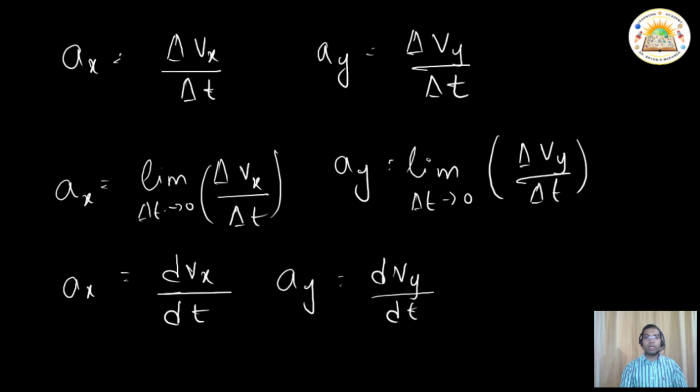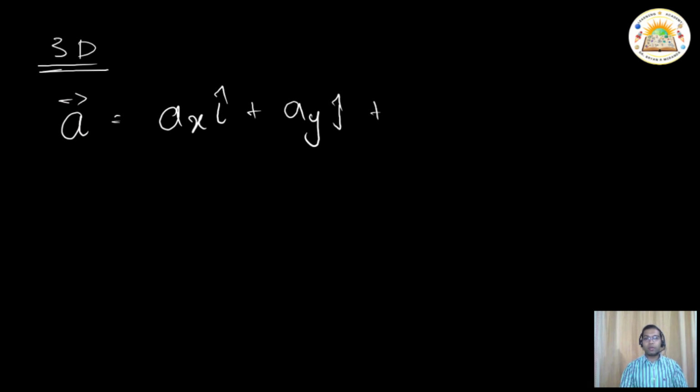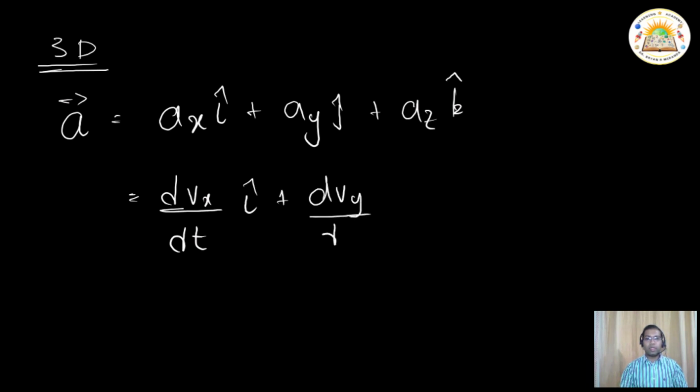So if I have to write this entire expression in 3 dimensions, I can write A vector is equal to Ax i cap plus Ay j cap plus Az k cap, which is dvx by dt i cap plus dvy by dt j cap plus dvz by dt k cap.